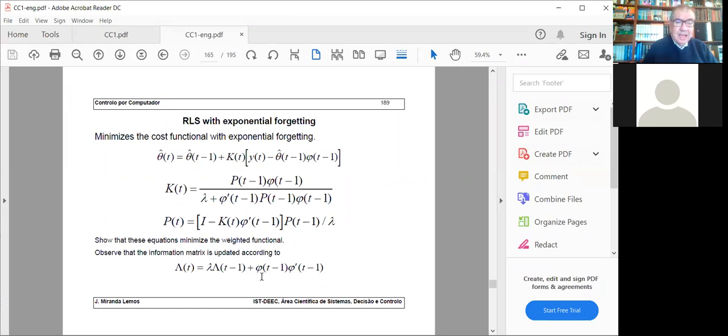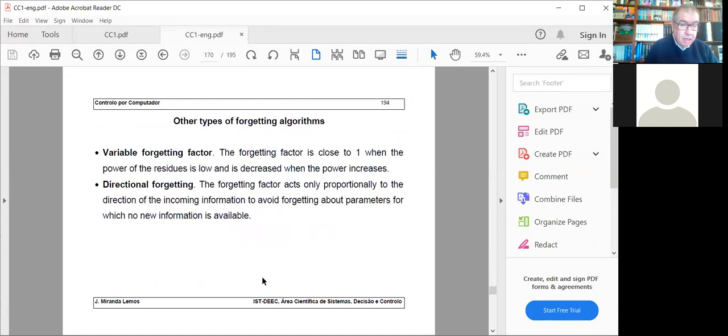These are the directional forgetting algorithms. I'm not deriving the algorithms here. This is just to give you one idea. They are very powerful when you have parameters that are not much identifiable. In adaptive control in particular, they are very useful.